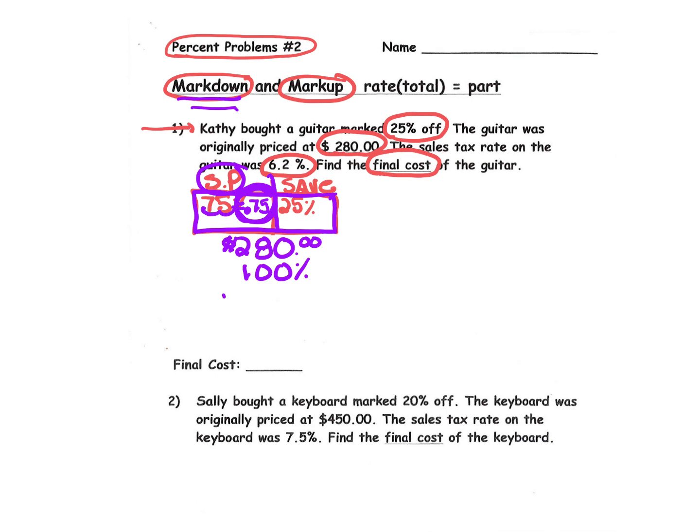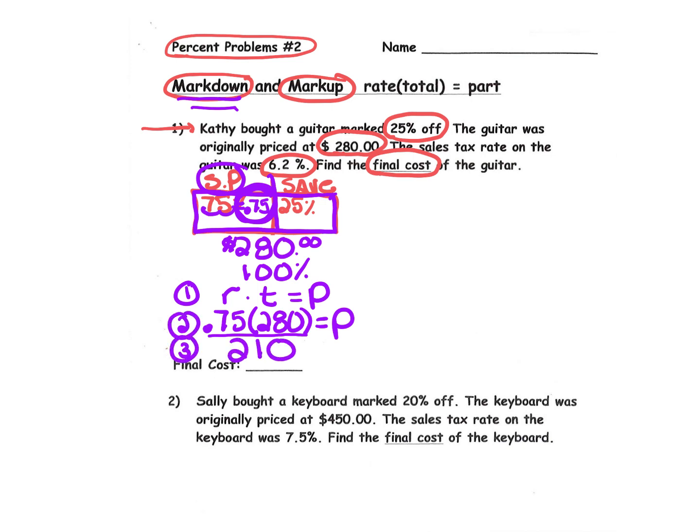Start with the formula. R times T equals P. Multiply 0.75 by $280. You should get a sale price of $210.